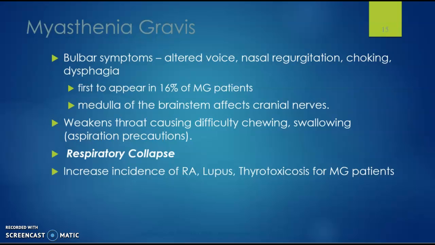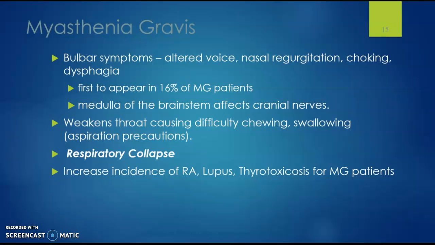They may experience choking episodes off and on, and they don't know what's causing that. And they may have difficulty swallowing in a safe way. And this appears in about 16% of the patients. So it's a fair amount that this is affected by, and it's coming from the medulla of the brainstem, and its effect on the cranial nerves.